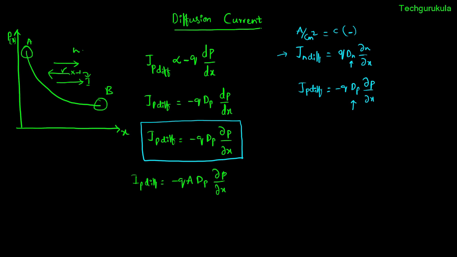We know the n units is number per centimeter cube, which is the carrier concentration. So I'm writing 1 over centimeter cube, times we have 1 over ∂x, so we have 1 over centimeter distance.